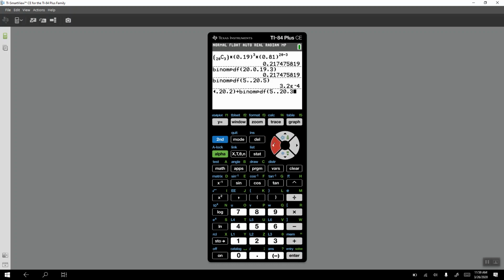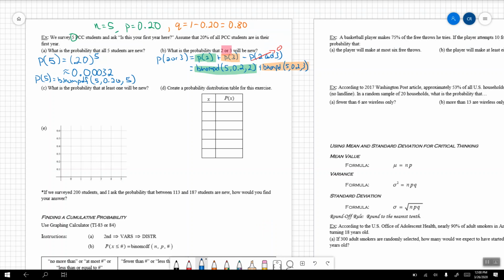Perfect. Now if you see that line now says, hey, I'm adding these 2 binomial probabilities together. Let's see what we get. Let's press enter, and we get 0.256. That is amazing. All right, so now that we found this, we're going to say, hey, all of this was equal to 0.256.